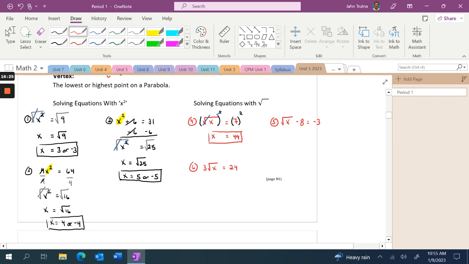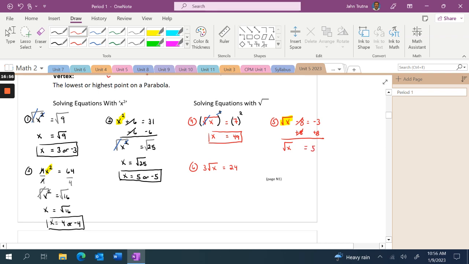All right, now, number 5, if you have the square root of x minus 8 is equal to negative 3, before you do the second power of each side, you have to isolate the square root of x portion of the equation first. So in this example, I would add 8 to both sides of the equation. And what that would do is cancel out those 8's. That would isolate my square root of x, and then it would be equal to no longer negative 3.